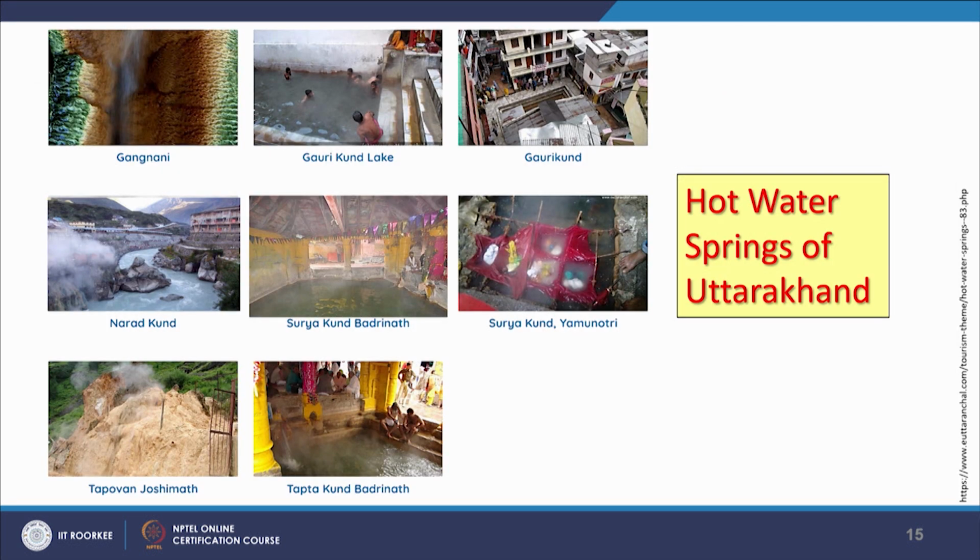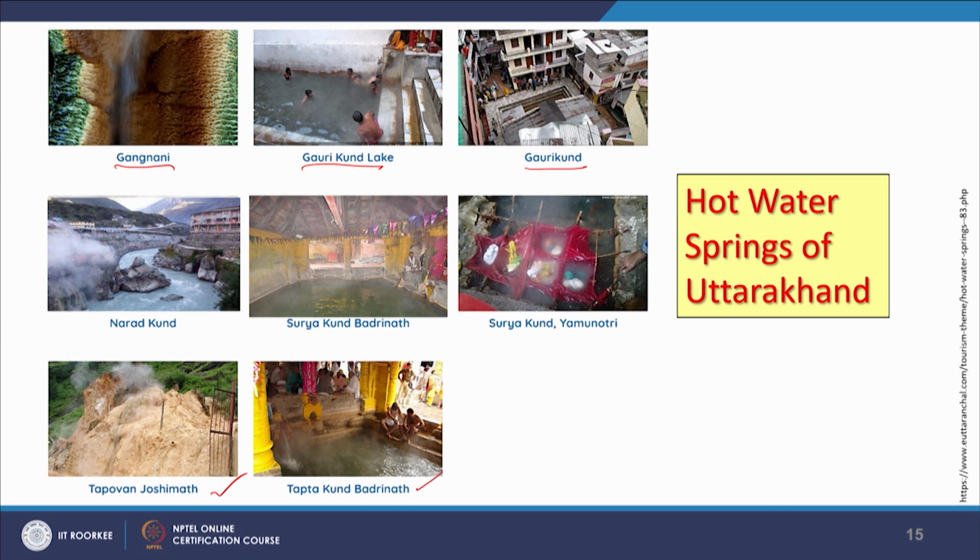There are many more hot springs in Uttarakhand: Gangnani hot springs, Gaurikund hot springs, which is at the base of Kedarnath, and I personally have also been to Gaurikund. Then there are some other hot springs, Tapovan is there, and Tapta Kund at Badrinath is also there.